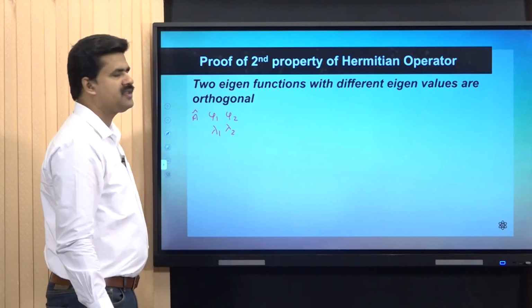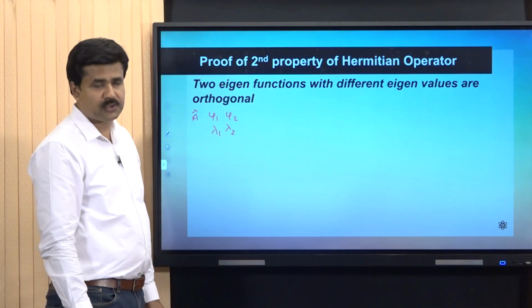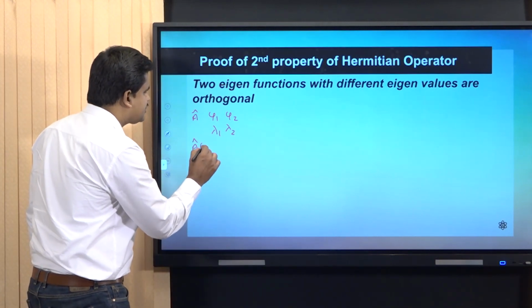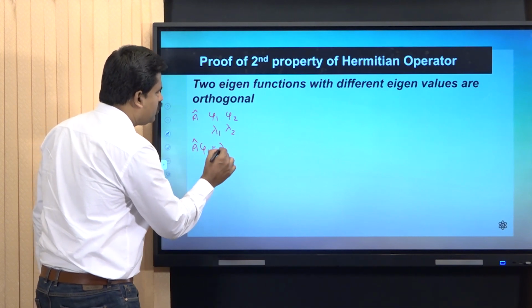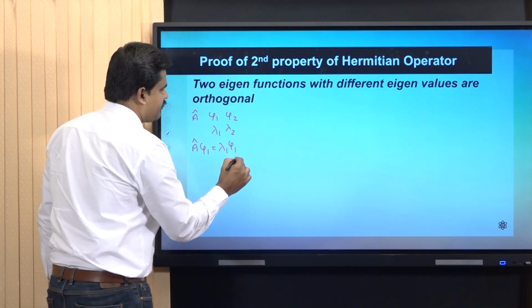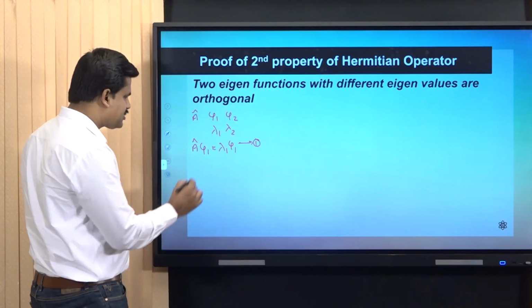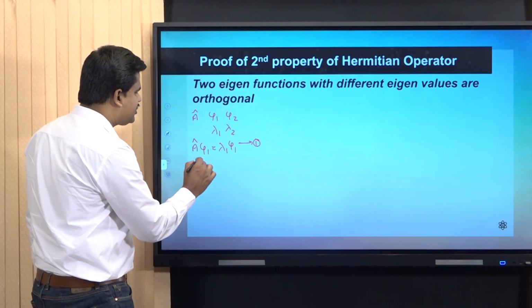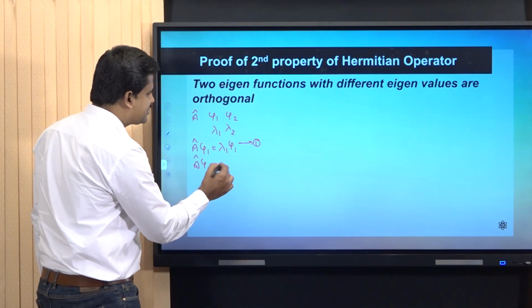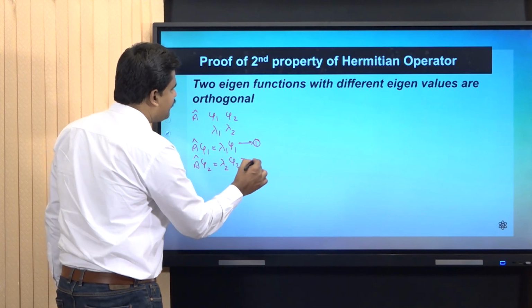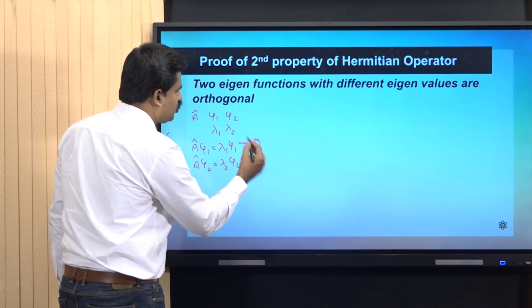Based on this, I can construct two equations. A hat psi 1 equals lambda 1 psi 1, which I mark as equation 1. Also, A hat psi 2 equals lambda 2 psi 2, which I mark as equation 2.